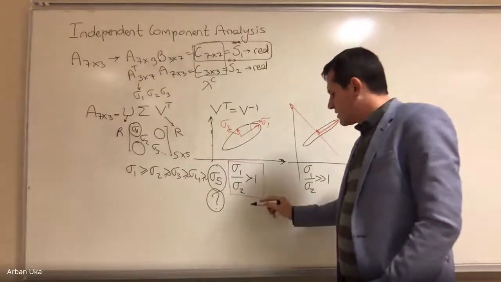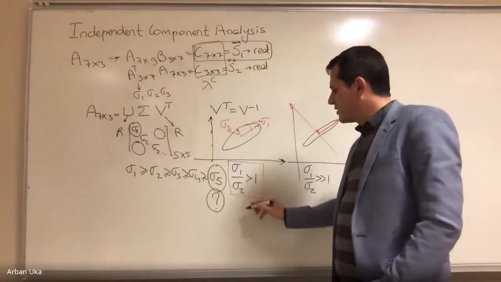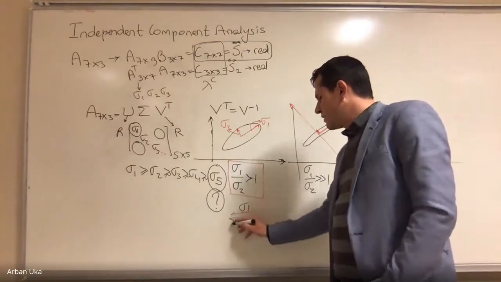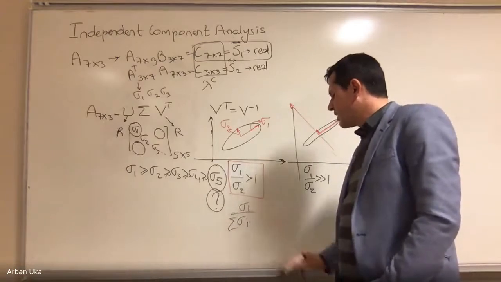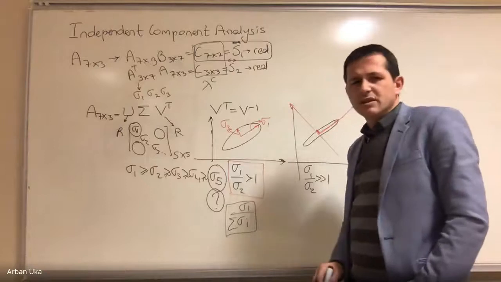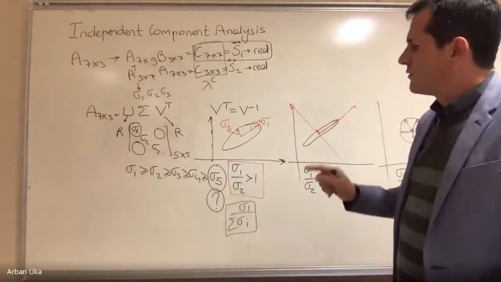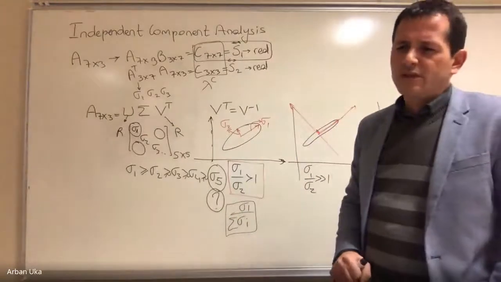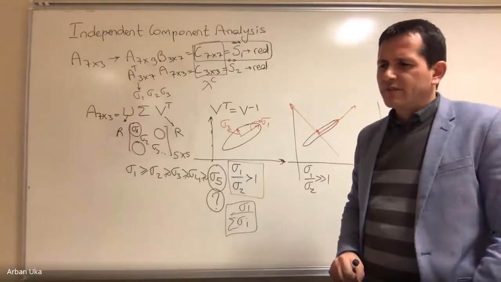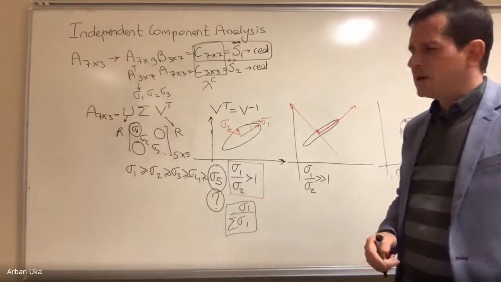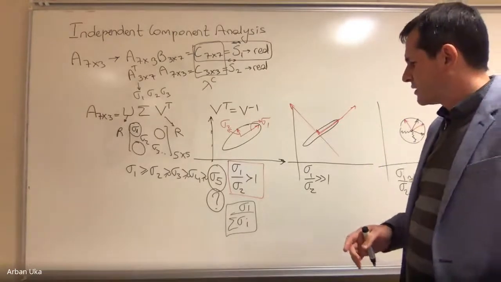Because we said last time that the weight in the first sigma is described as sigma 1 divided by the summation of all the sigma i, okay? This is the weight or the energy that is stored in the first sigma. The reason that we use the term energy is that energy is a scalar quantity, and it's a good term to use. So it has remained in the literature like that.